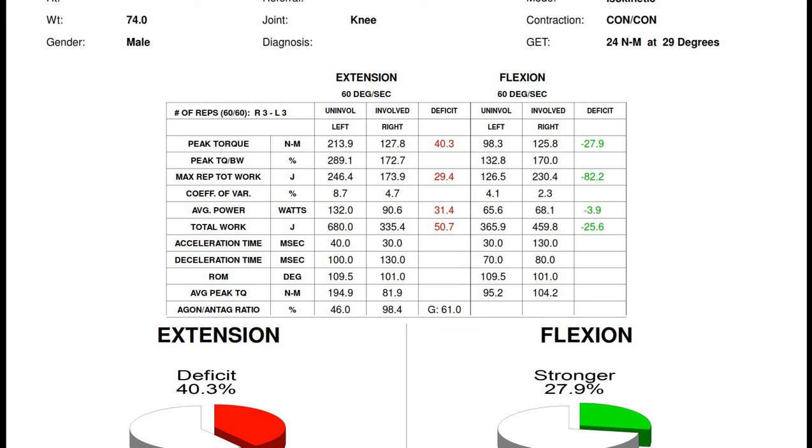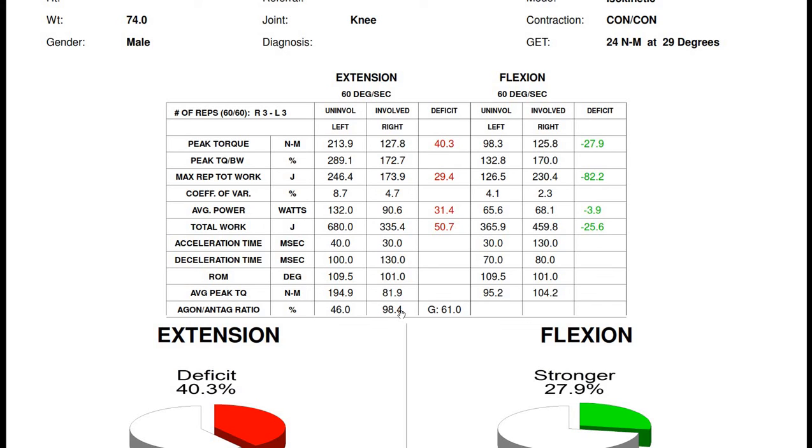Whereas if we increase the hamstring strength, we will also see an increase in the HQ ratio. So reduce quadriceps strength or increase hamstring strength is what will determine our high HQ ratio.